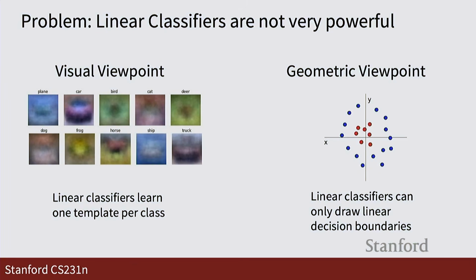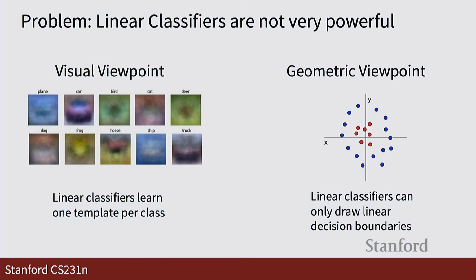Okay, so at this point we've got our linear classifiers, we've got our loss functions, and we can optimize them. Now we're almost good to go. But we ran into a problem: the linear classifiers that we started with are actually not very powerful. We saw two different ways of attacking this deficiency.